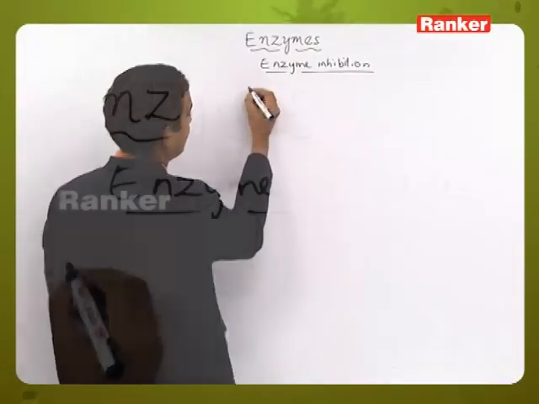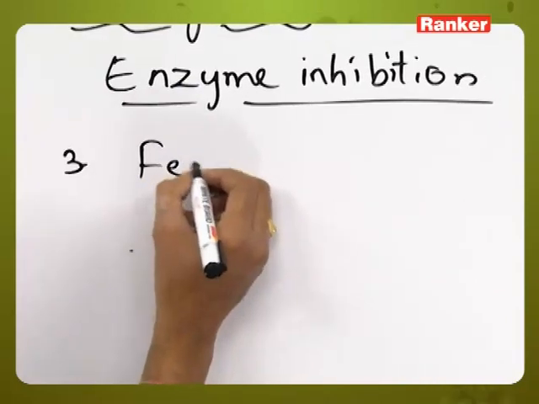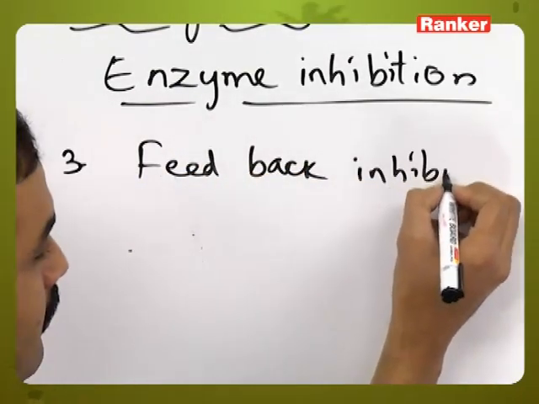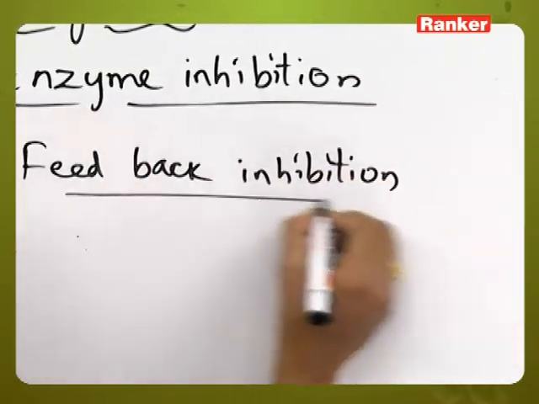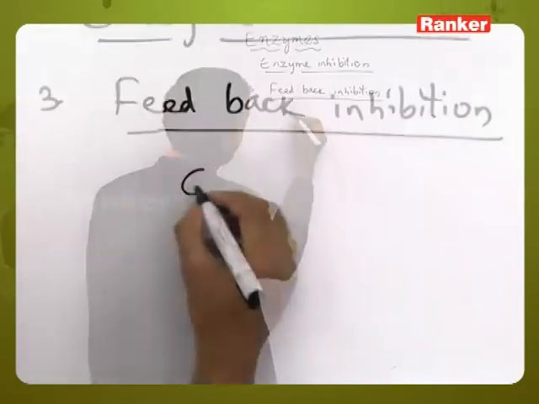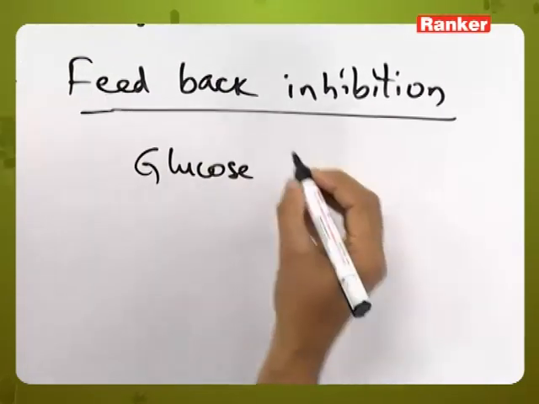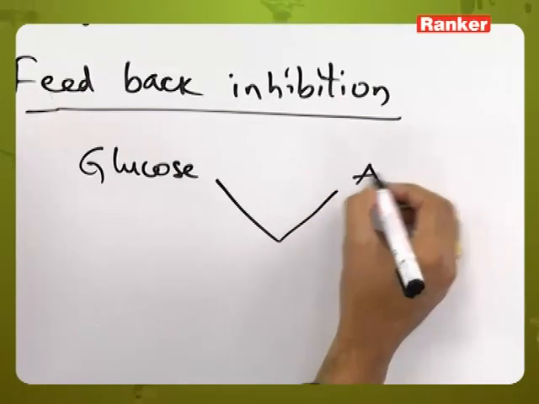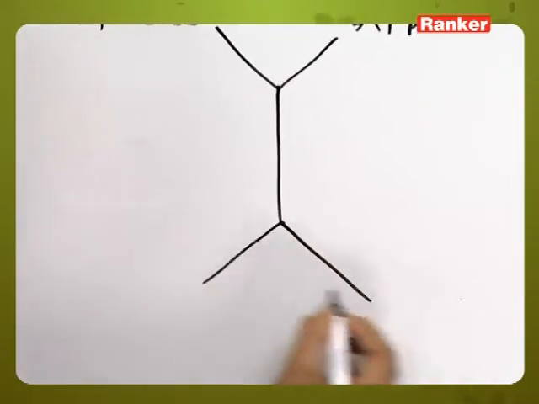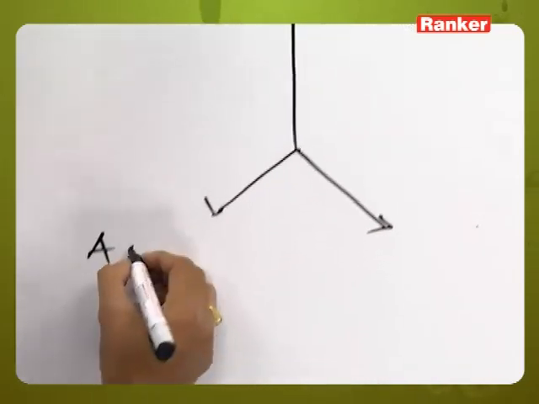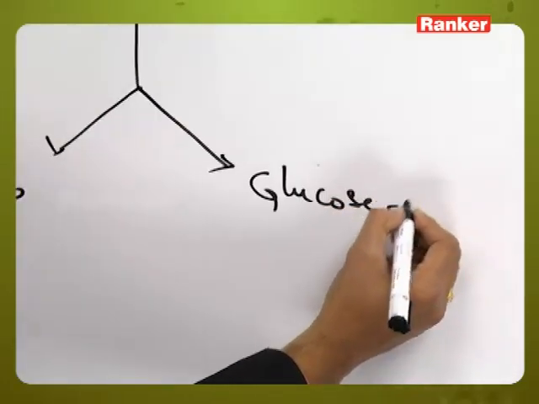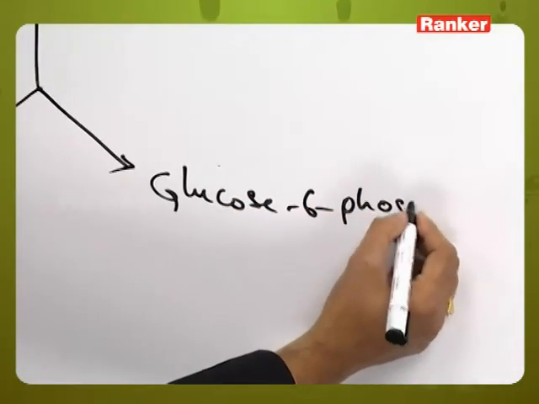Third type is feedback inhibition. Let us take one example related to feedback inhibition, where a glucose molecule will react with an ATP molecule to form ADP and glucose 6-phosphate.